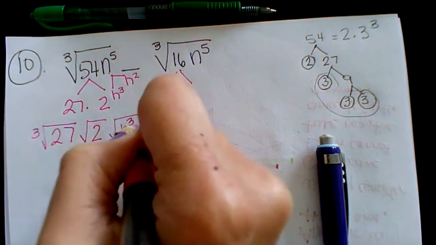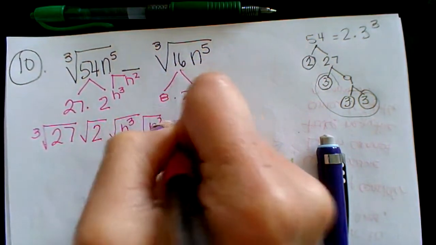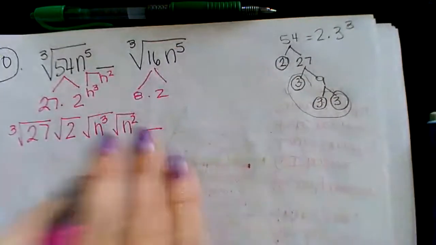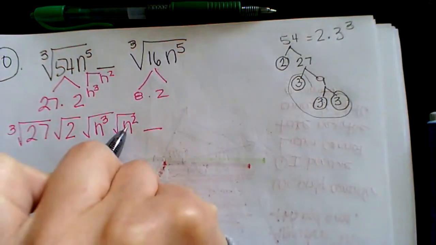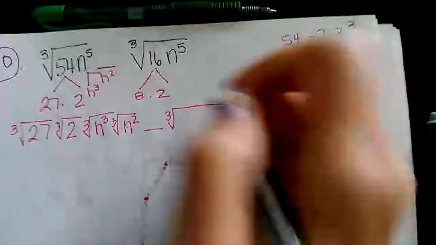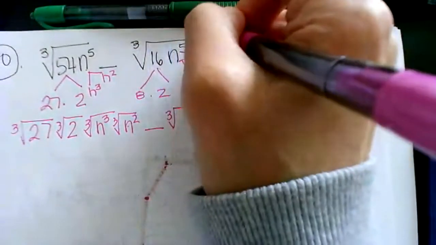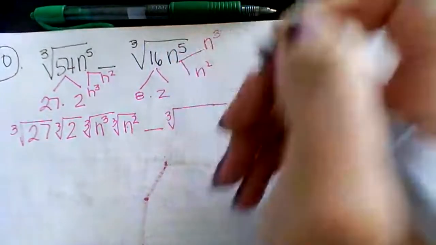So this is going to be n to the 3rd times n to the 2nd. I'll show you another way, an easy way to do it. We could do it this way, or this is third, right here, n to the third and n to the second.